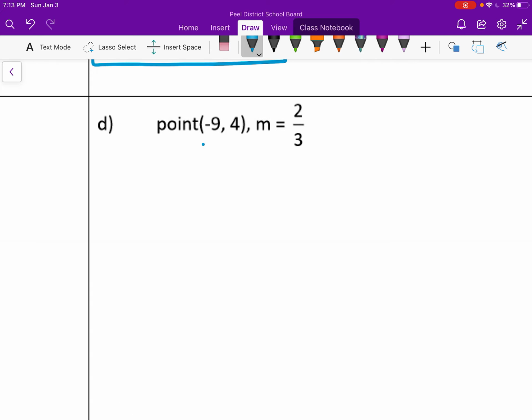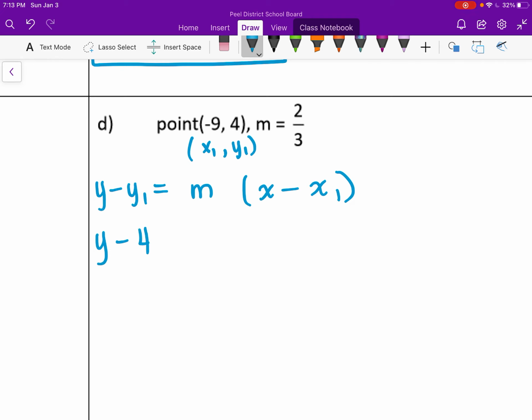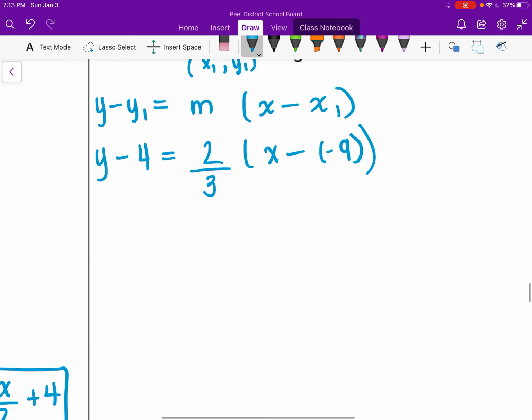Moving on. This is going to be my x1, y1. I'm going to do the same thing. Y minus y1 equals m times x minus x1. Right, so I'm going to do y minus 4 equals 2 over 3 times x minus negative 9. Right, simplify first. Y minus 4 equals 2 over 3 times x plus 9.